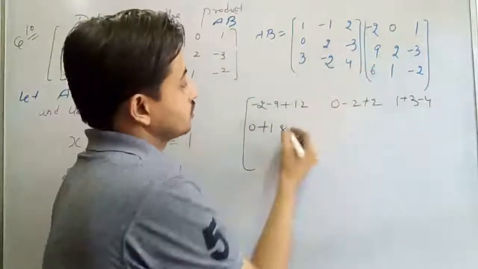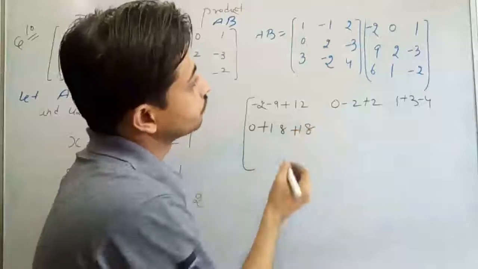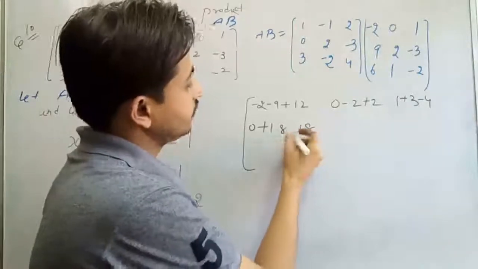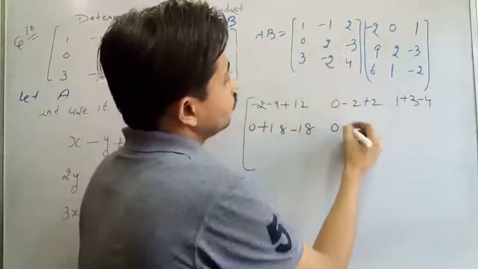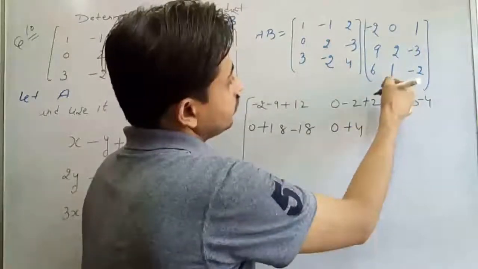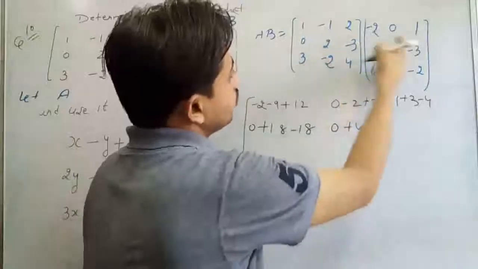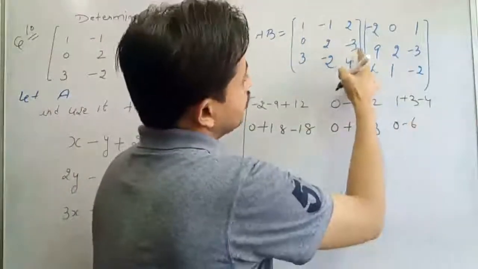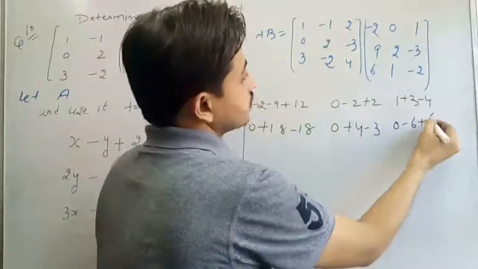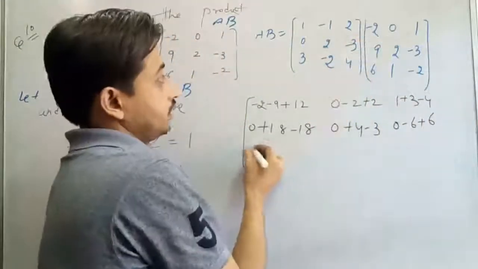Minus 3 into 6, minus 18. 0 into 0, 0. 2 into 2, 4. Minus 3 into 1, minus 3. 0 into 1, 0. 2 into minus 3, minus 6. Minus 3 into minus 2, plus 6.